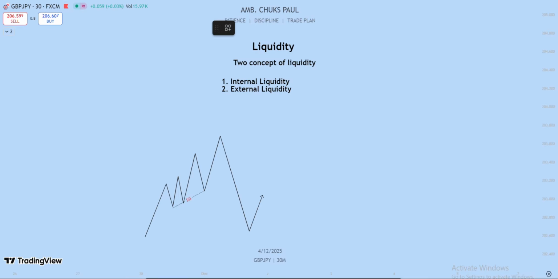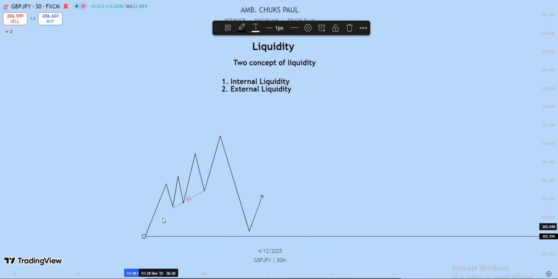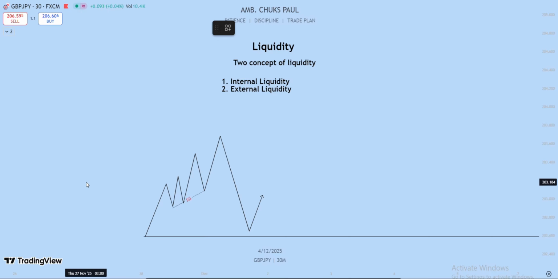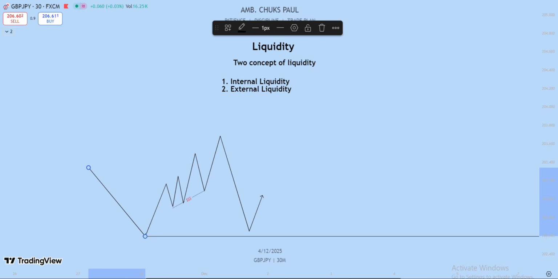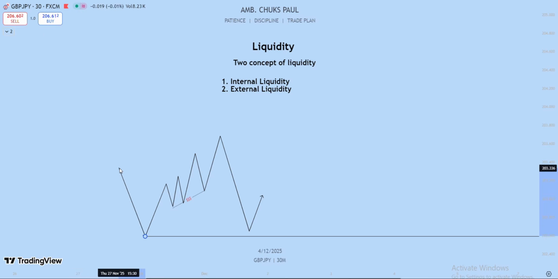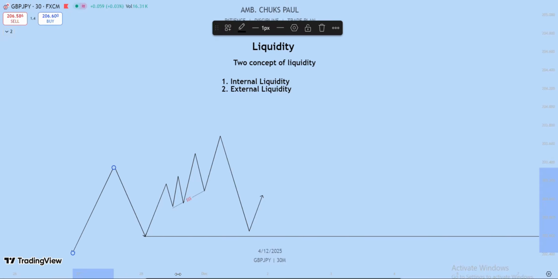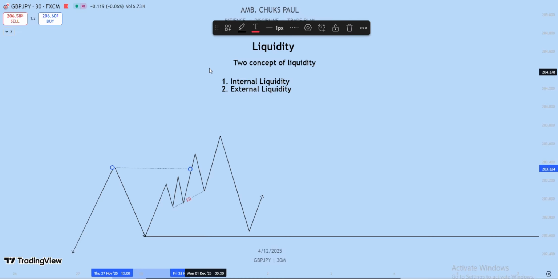For instance, in this trade we have, this is a swing low here, which is the low that caused the current break of structure. So this is our BOS, break of structure.